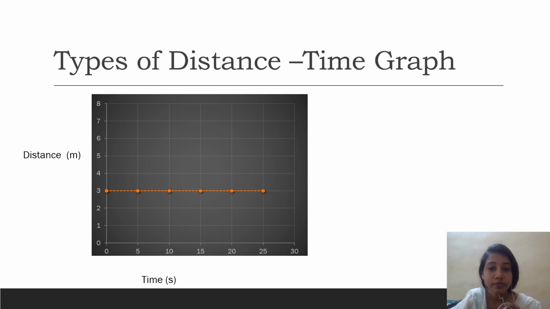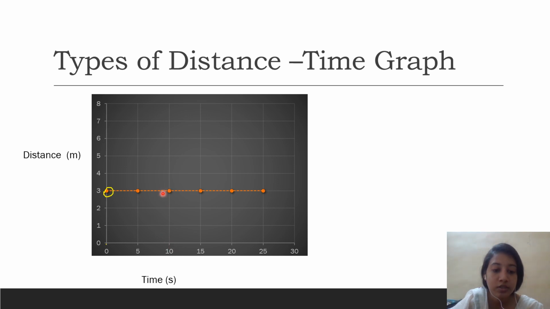So here, the types of distance time graphs. Similarly, if I had taken 4 different values of distance and time, in this case you can see at 0 time the object is at 3-meter distance, and again at 5 seconds it is at 3-meter distance.